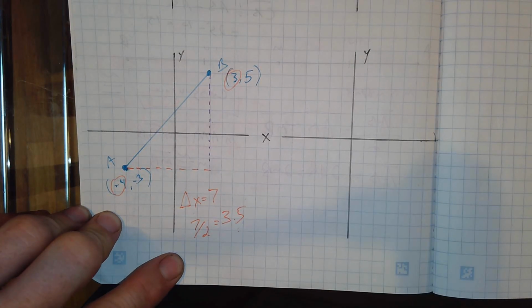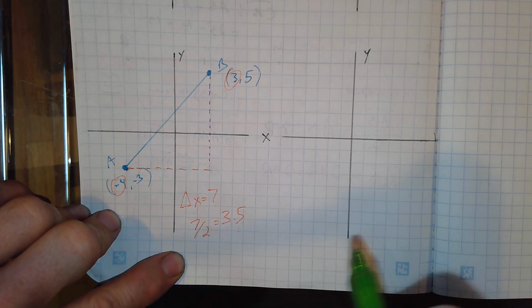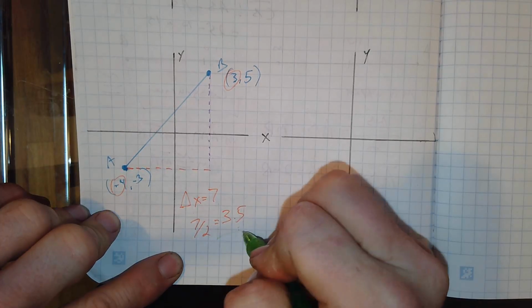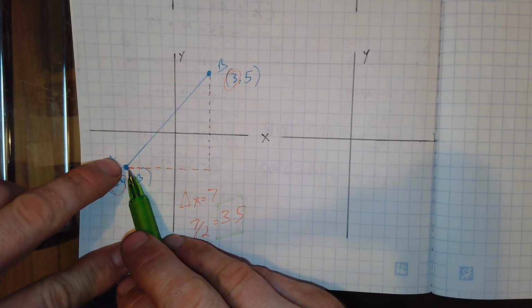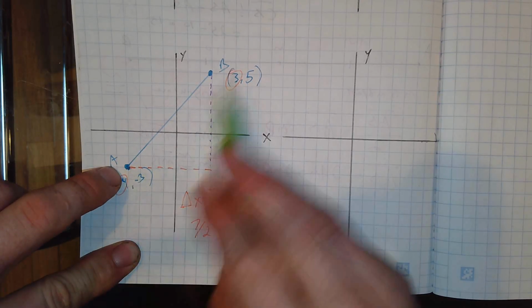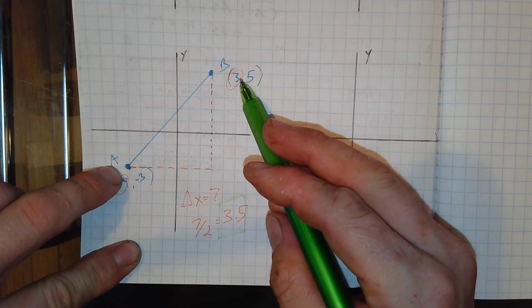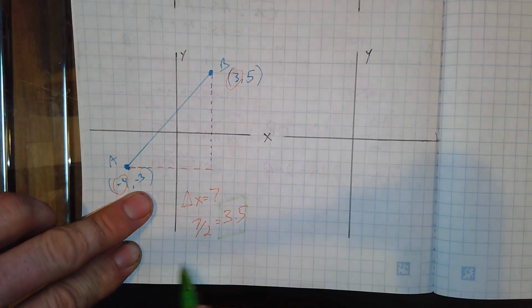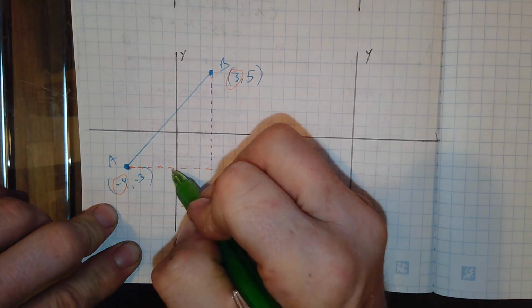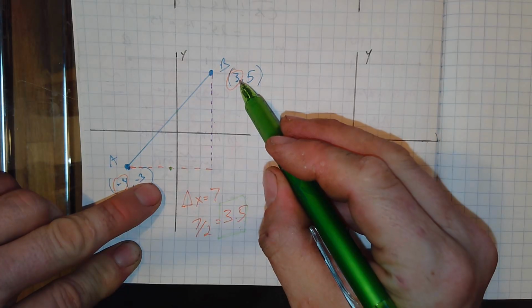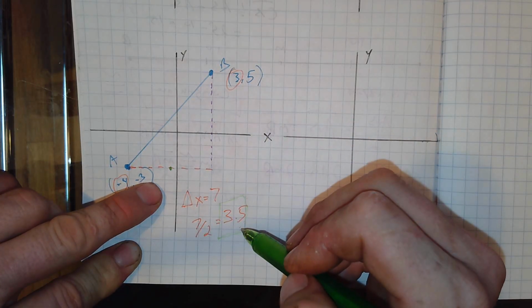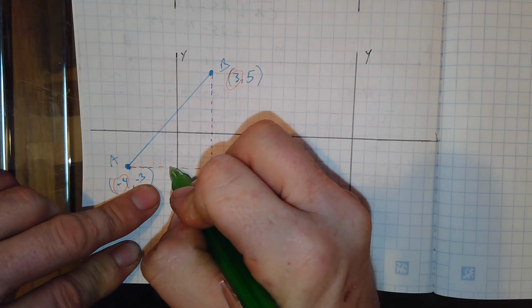So I'm going to take that 3.5, and it's going to be 3.5 between -4 and +3. So -4 plus 3.5 is -0.5, and 3 minus 3.5 is -0.5.